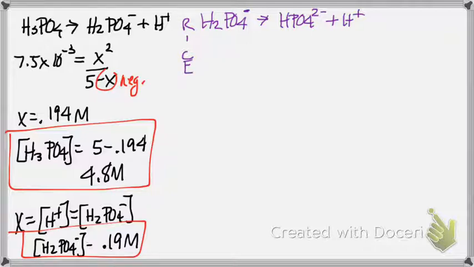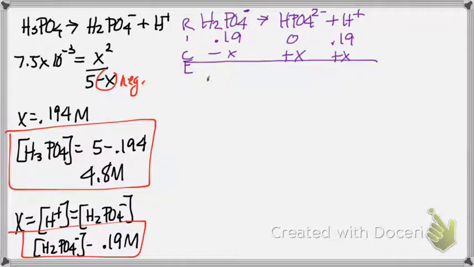We know it's going to start out at 0.19, 0, but the H plus is also going to start out at 0.19 because we have it from the first dissociation. So minus x, plus x, plus x. So at equilibrium this is 0.19 minus x, x, and 0.19 plus x.